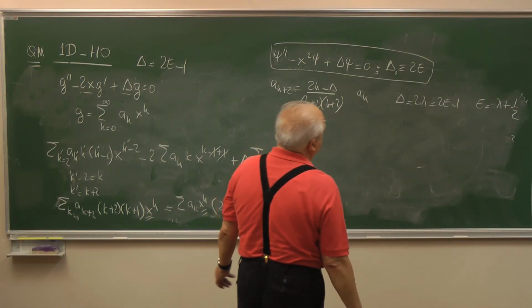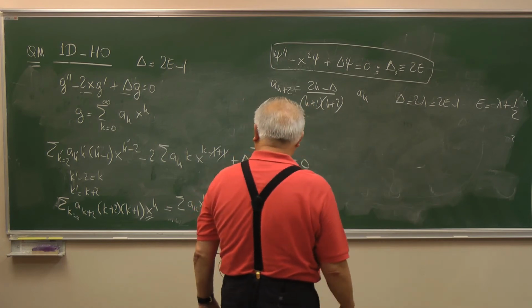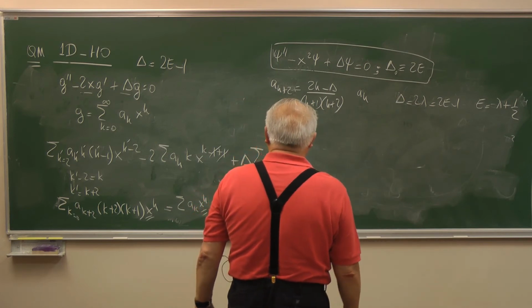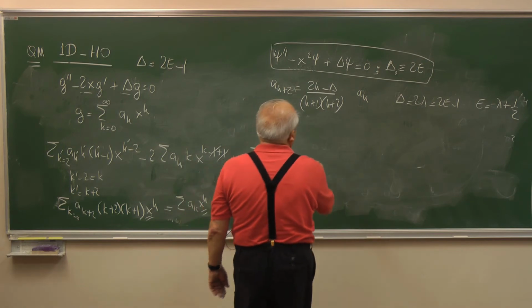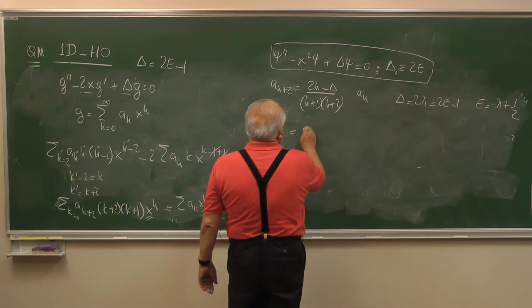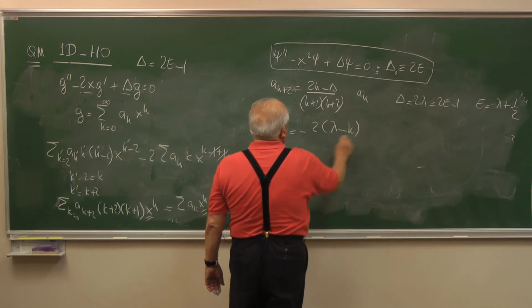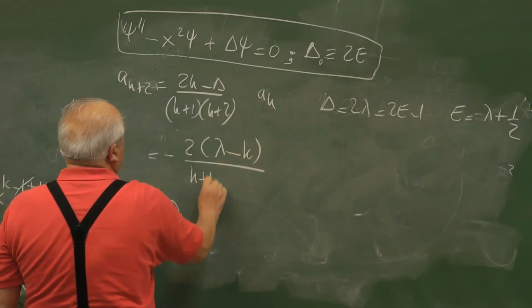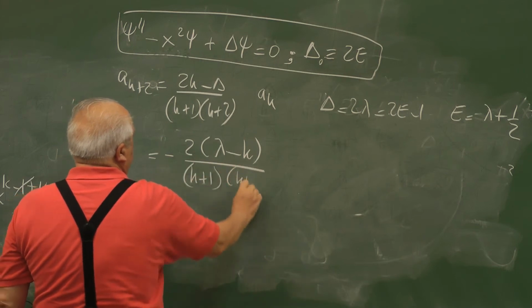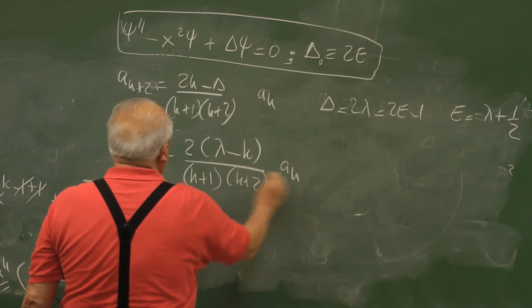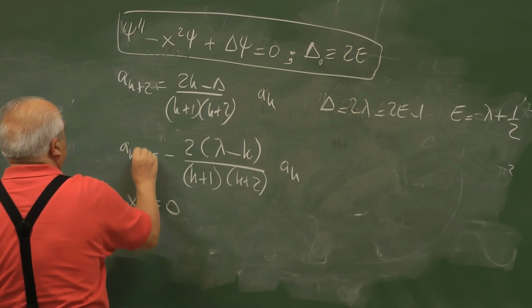If you determine lambda, that's the energy. So let me write it in this form: a_(k+2) equals minus 2 (lambda minus k) over (k plus 1)(k plus 2) times a_k.